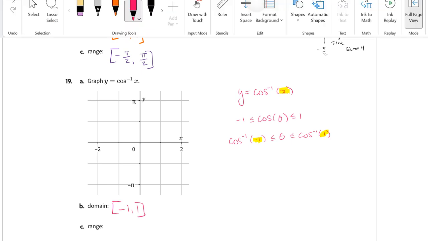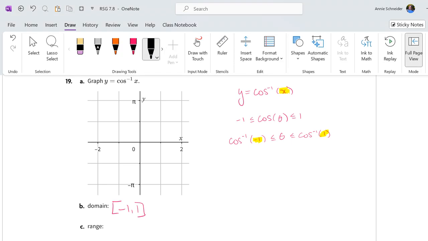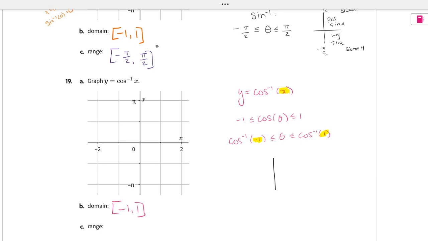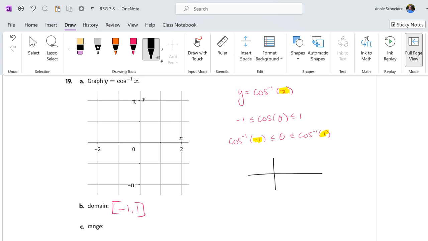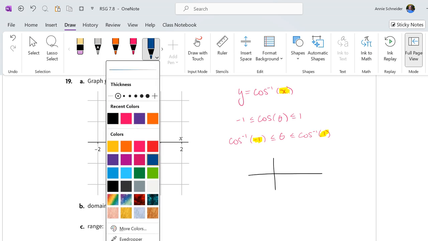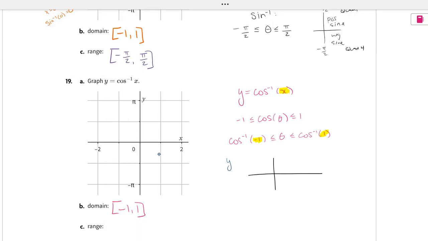Okay, and let's actually sketch our function out again, like we did before. Let's sketch it in blue. Let's sketch y equals cosine of x here. So we start at the maximum, we come down, down again. So there's one period. I'll do half a period this way as well.